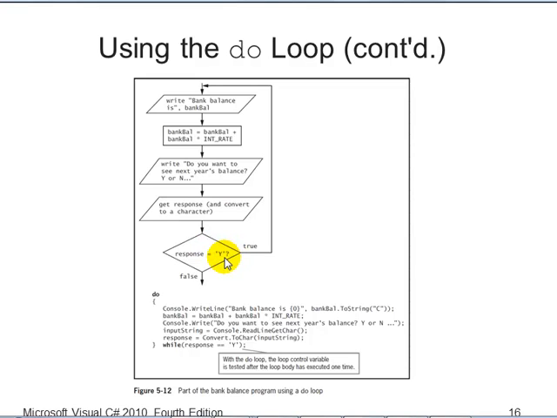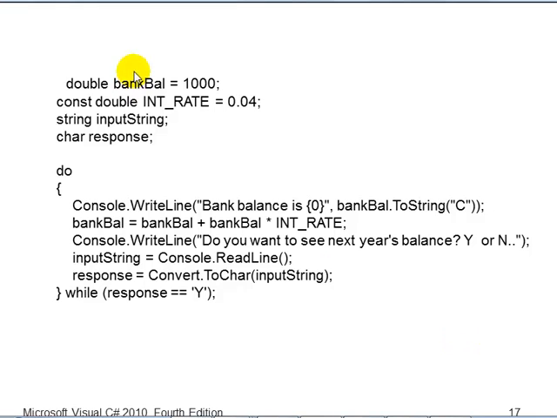And if it's true, in this case the test is the response equal to y? If it's true, you go yes, and you go back to the beginning of your loop. That makes sure that you're going to run through this set of code at least once before you get to this test. Now here's the code. That's pretty small to see, so let's go to the next page where I've expanded this.